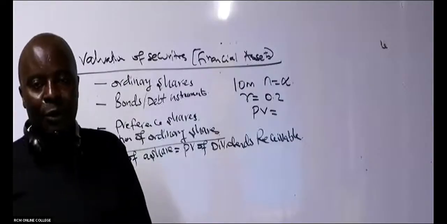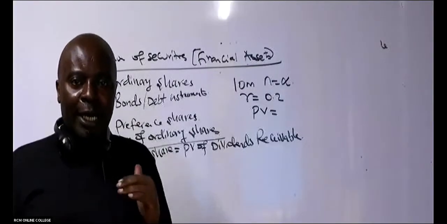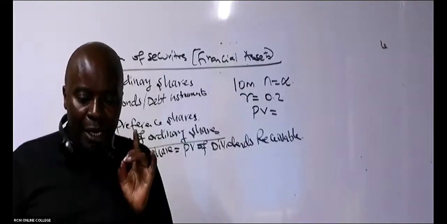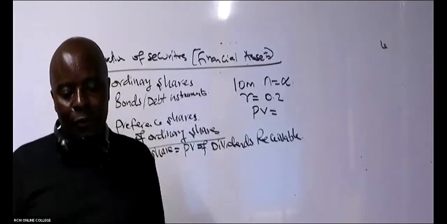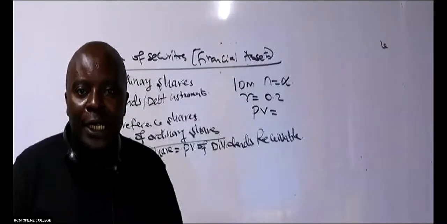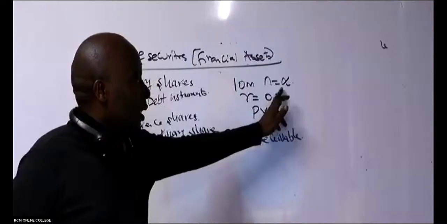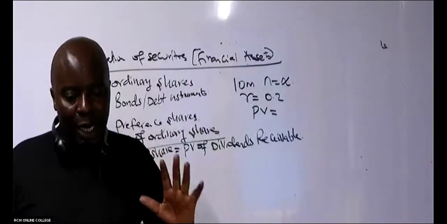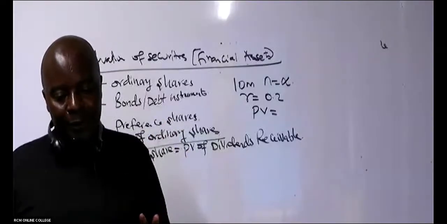So Queen gets somebody who tells her that I shall be giving you 10 million shillings per annum. Then Queen asks, for how long? 2-3 years? No. Indefinitely, infinity. This means no end in sight.